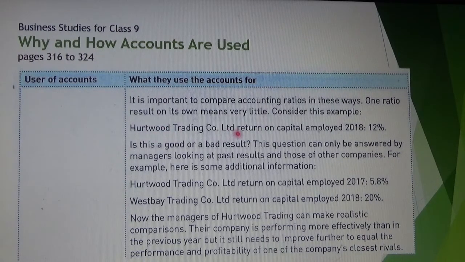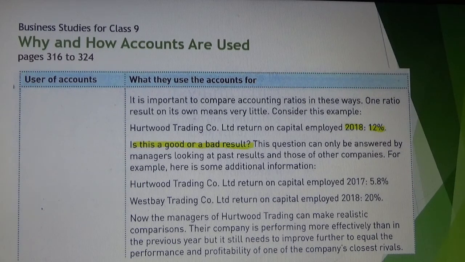Hertwood Trading Company Limited, ROCE, or return on capital employed, in 2018 is 12%. Is this a good or bad result?